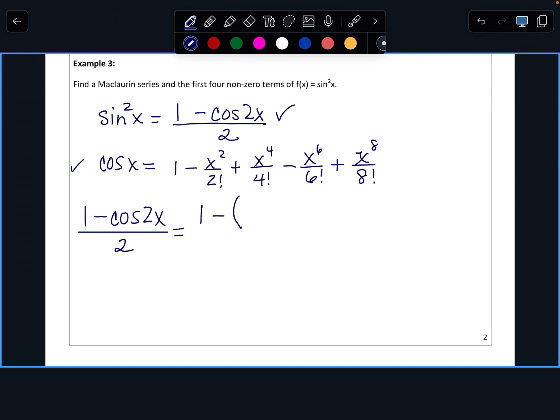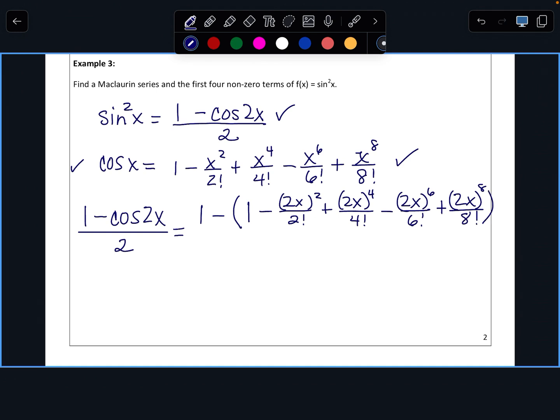Now I have cosine 2x instead of cosine x: 1 minus 2x squared over 2 factorial, plus 2x to the 4th over 4 factorial, minus 2x to the 6th over 6 factorial, and then plus one more term, because you can always just kick the terms to the curb if you want.